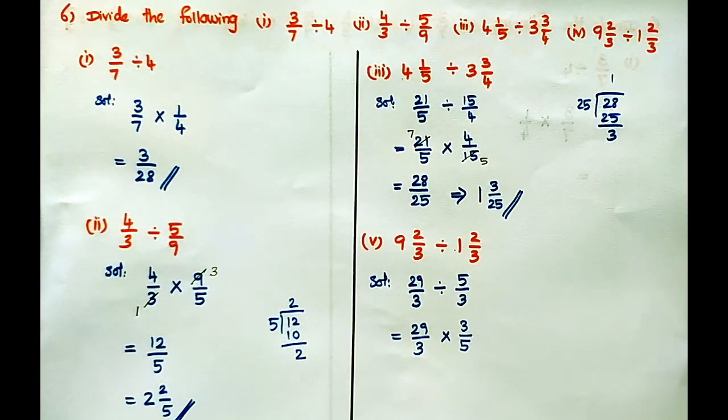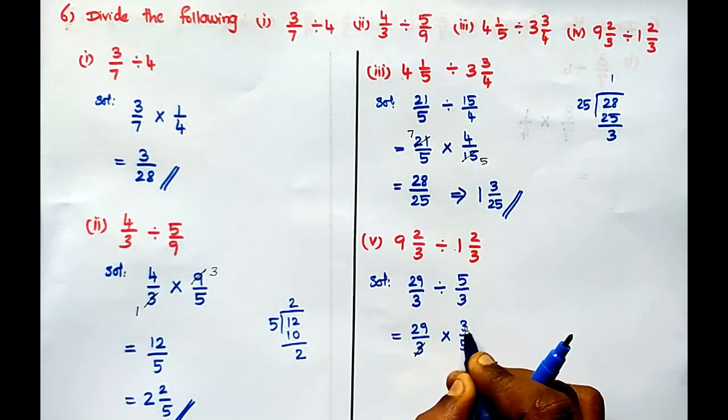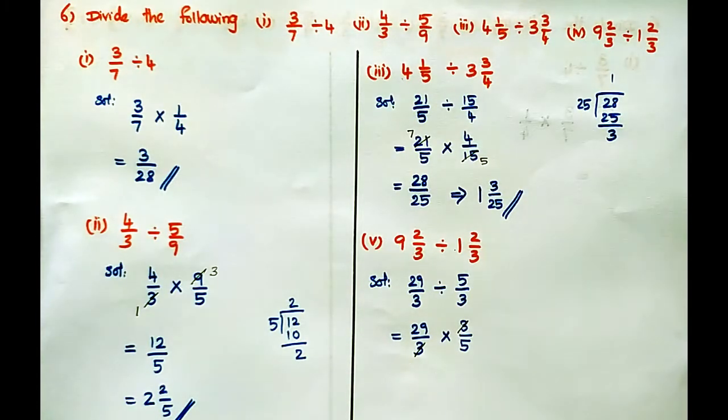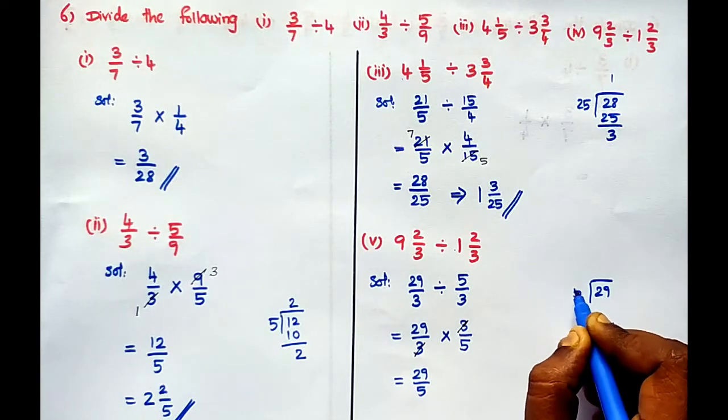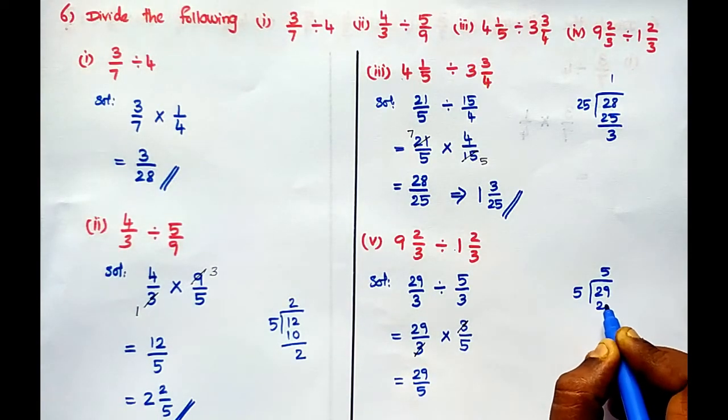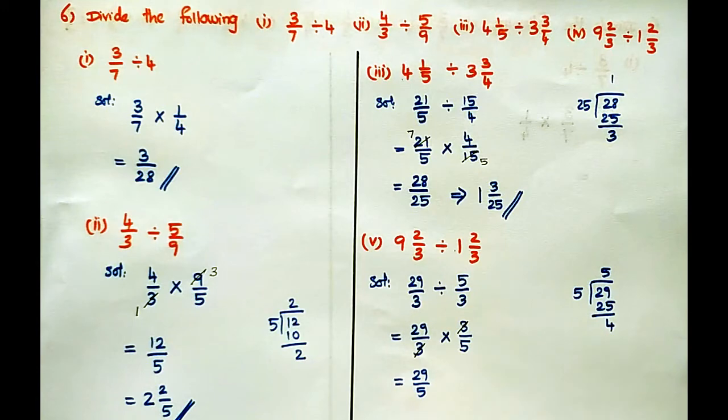Now cancel the numbers 3 and 3 and balance 29 by 5. Now divide 29 by 5. 5 5s are 25, balance 4. So what's the answer? 5, quotient, remainder 4 divided by 5. 5 4 by 5 is the answer here.